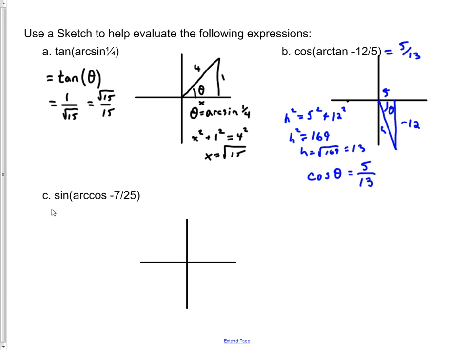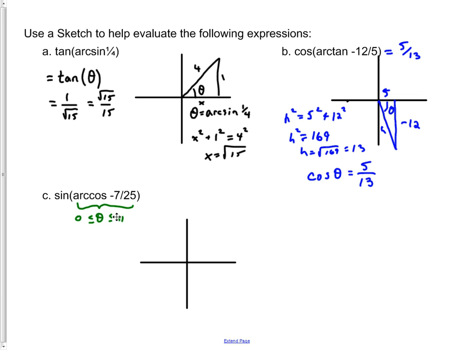How about this one? Sine of the arc cosine of negative 7/25. Well, all right, let's go at it. Negative 7/25. So remember, this is arc cosine, so arc cosine has to be an angle somewhere between 0 and pi.